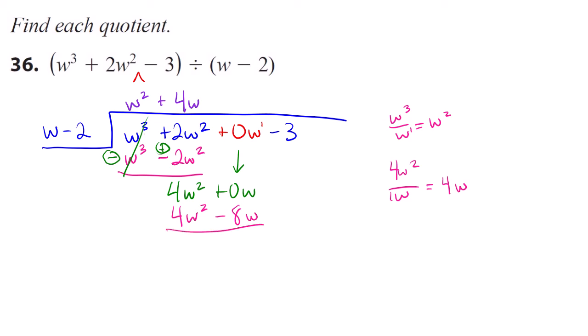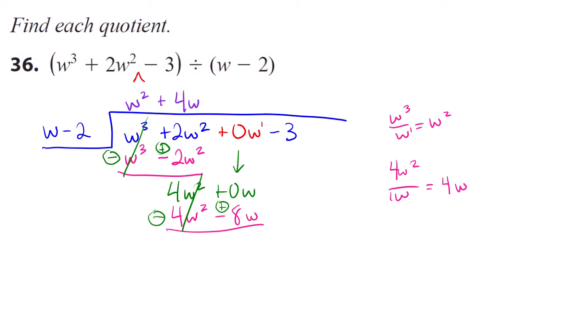Now we subtract. I'm going to make this a negative, and this a positive. We just change the signs when we subtract. And so these cancel out just like we expect. Now you can see why we have this 0w, because we want these to be like terms.